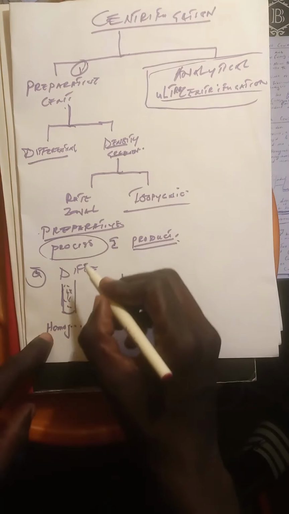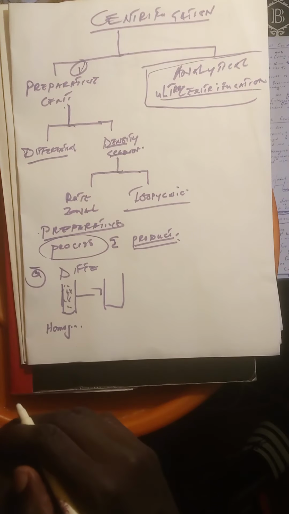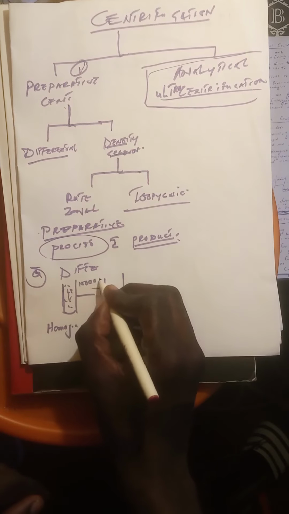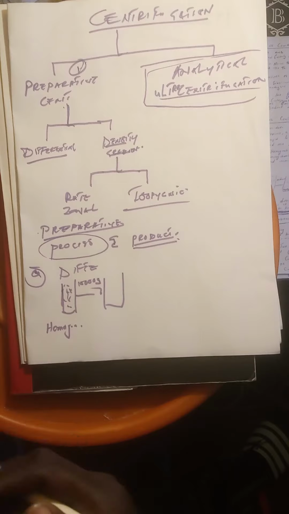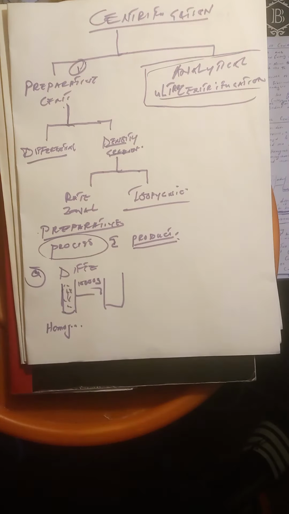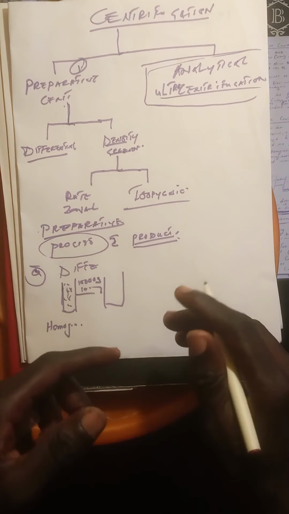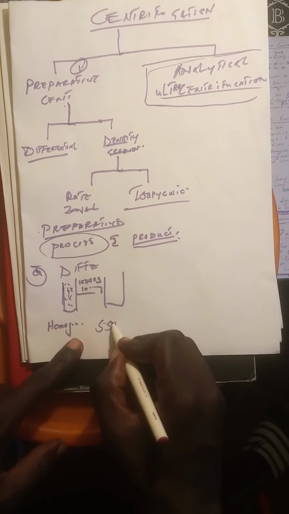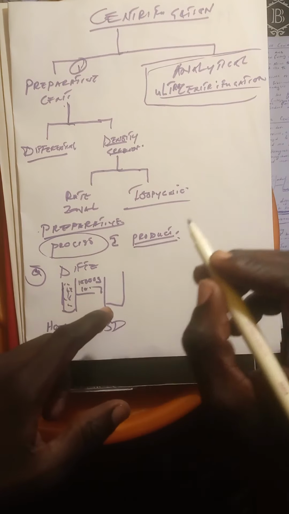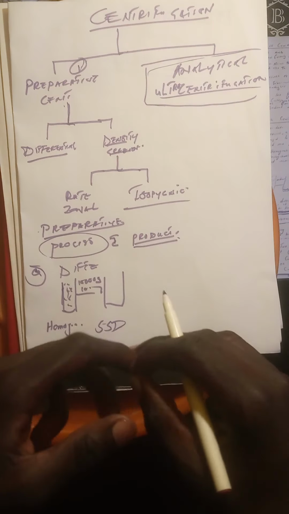So what will happen is that we can subject this cell homogenate to, let's say, 10,000 G, or a speed of 10,000 RPM, or let's just say 10,000 G for 10 minutes. What will happen is that based on size, density, and shape, there are some particles of the cell that will settle at the bottom as pellets.